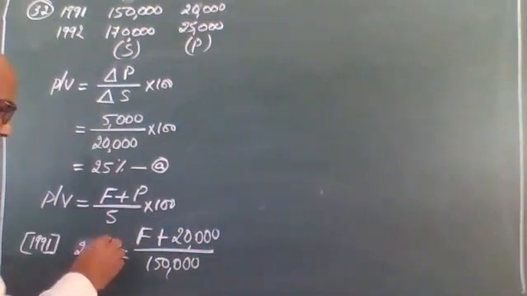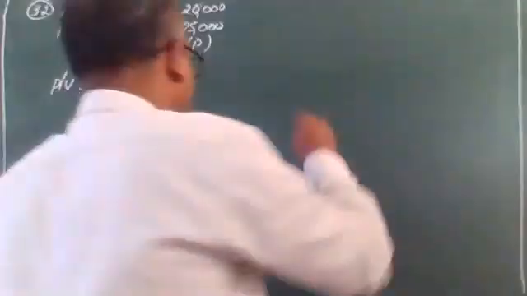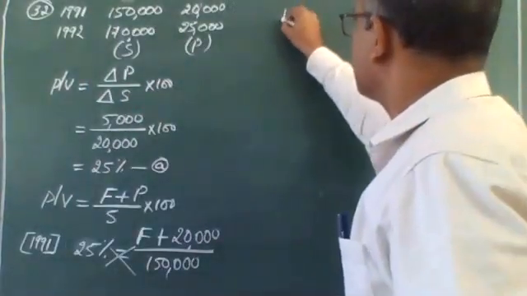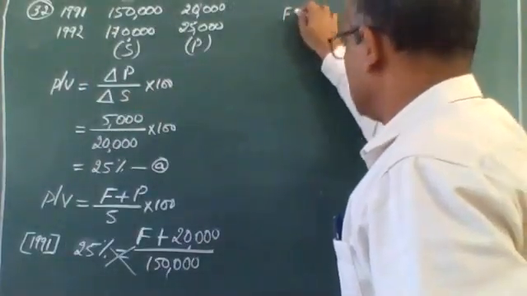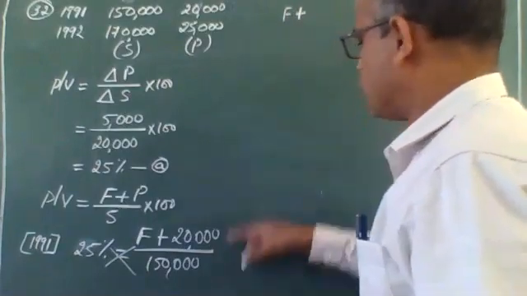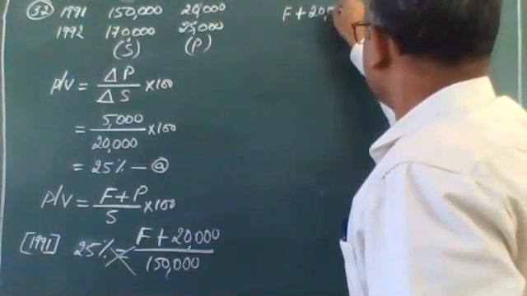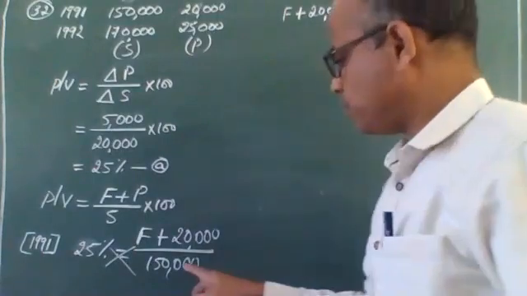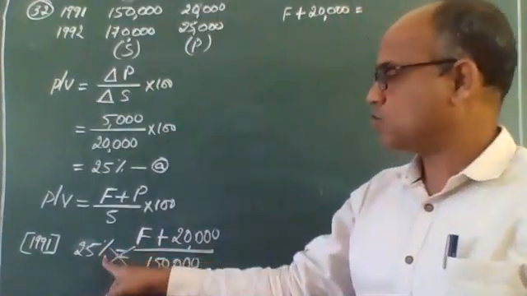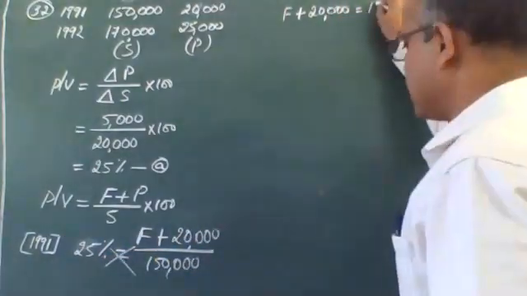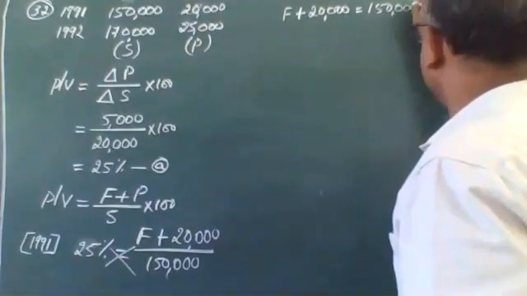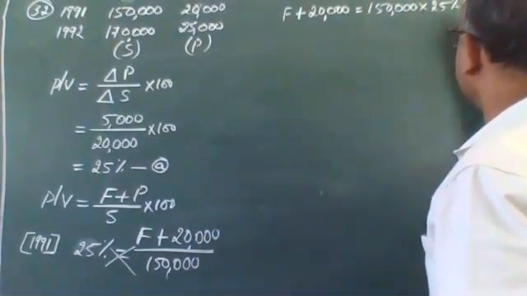So to continue this, a cross multiplication gives me: fixed cost plus 20,000 is equal to 1,50,000 into 25%. So 1,50,000 multiplied by 25%.